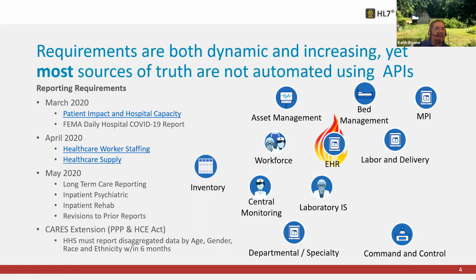Yet, as we think about what's going on as patients are being treated in the ICU, the EHR is going to have a very limited sense of what's going on in the ICU. And its sense of what's going on in the ICU is often going to be hours behind events actually happening.